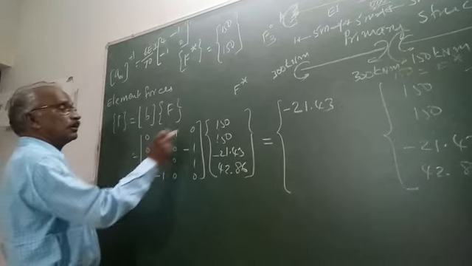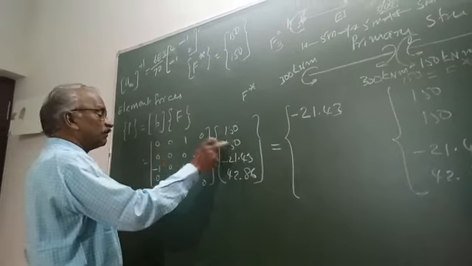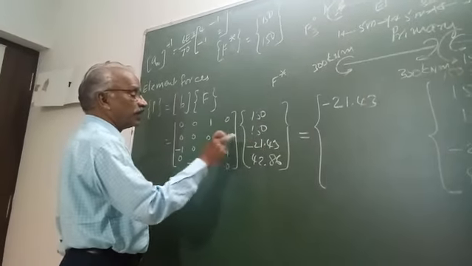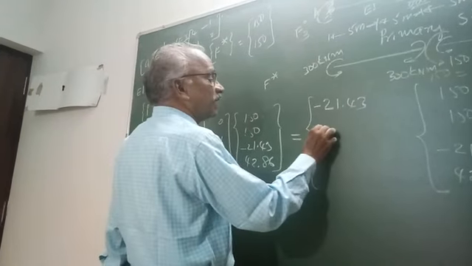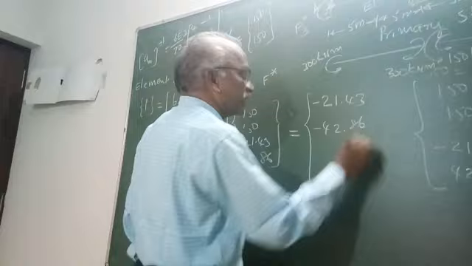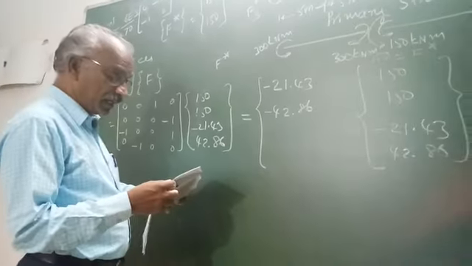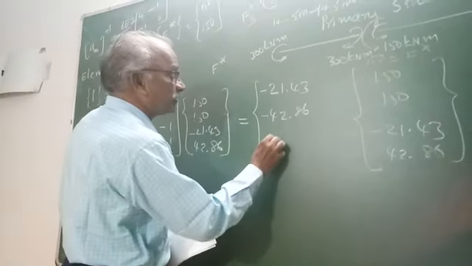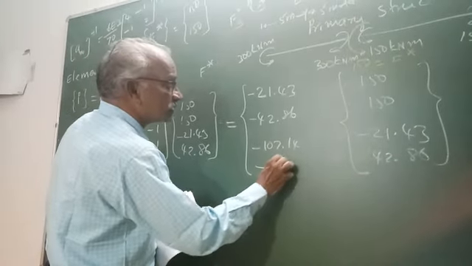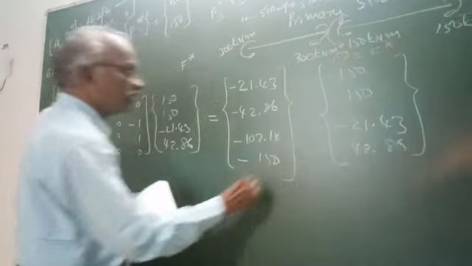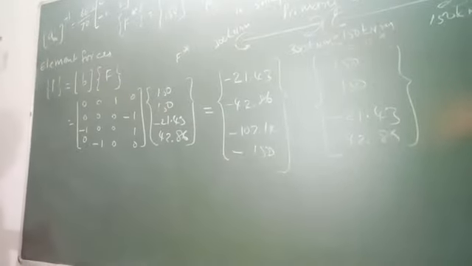Second: 0 into 150, 0 into 150, 0 into 21.43, minus 1 into 42.86. Therefore this is minus 42.86. Like this, if you complete, this is minus 107.14, and this is minus 150. This is your element forces.